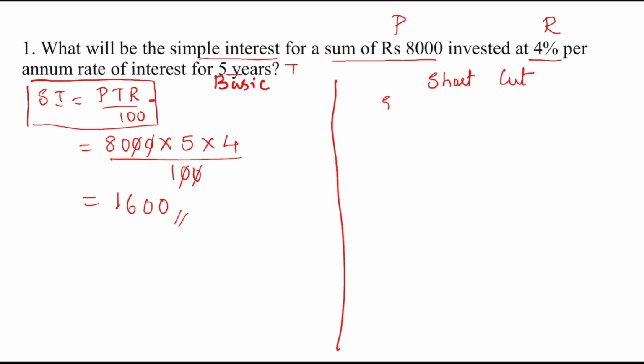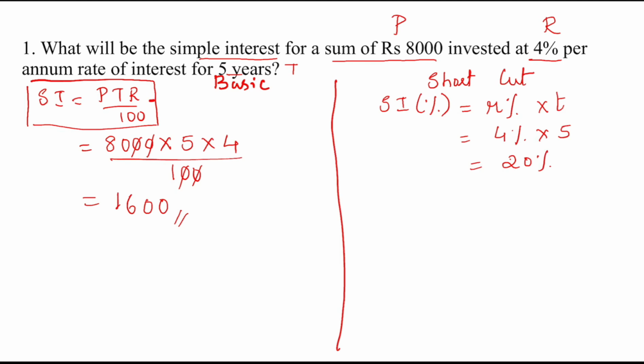So I have told you that I will always calculate simple interest in terms of percentage. So simple interest in terms of percentage is given by rate of interest into time. Okay, so rate of interest is how much? It is 4% and time is 5. So 5 4s are 20%. So at the end of 5 years, how much interest is paid?